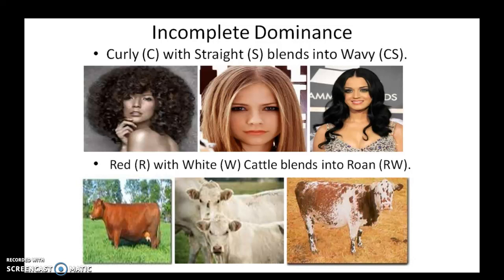Another example would be a curly-haired person mating with a straight-haired person to create a wavy-haired person. We have this genotype here. This would be our heterozygous. Or you have an example in cows where a red cow would mate with a white cow to form what's called a roan cow.